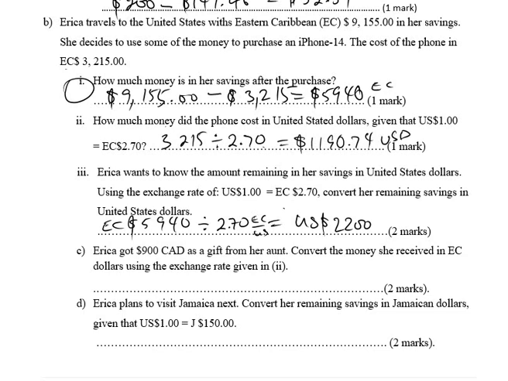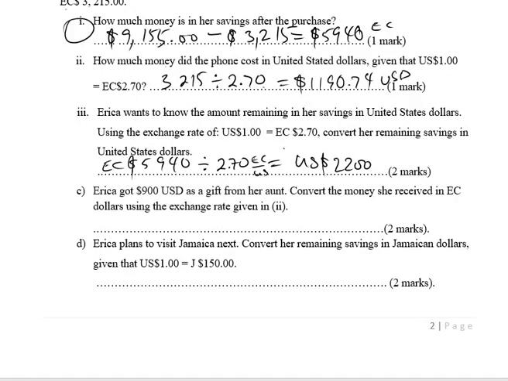Now, Erica got 900 Canadian dollars as a gift from her aunt. Convert the money she received in EC dollars using the exchange rate into, probably confused there a bit, that should be US dollars. So Erica got US $900 as a gift from her aunt.